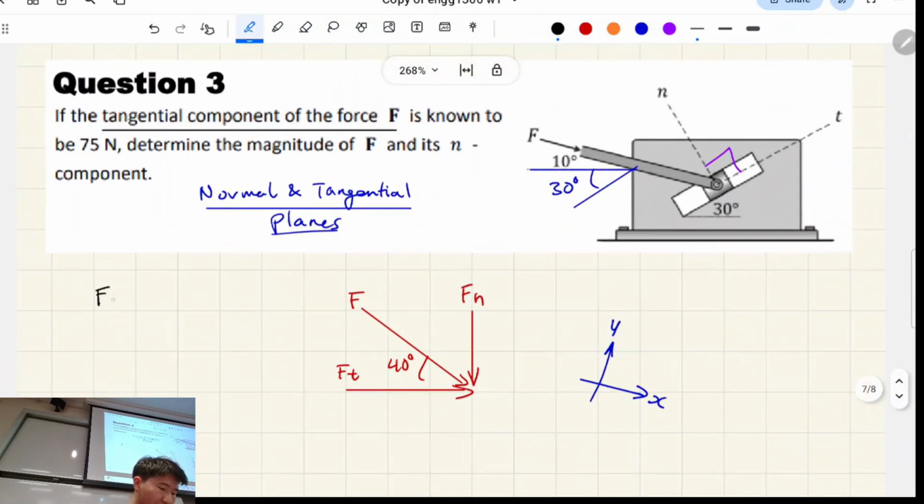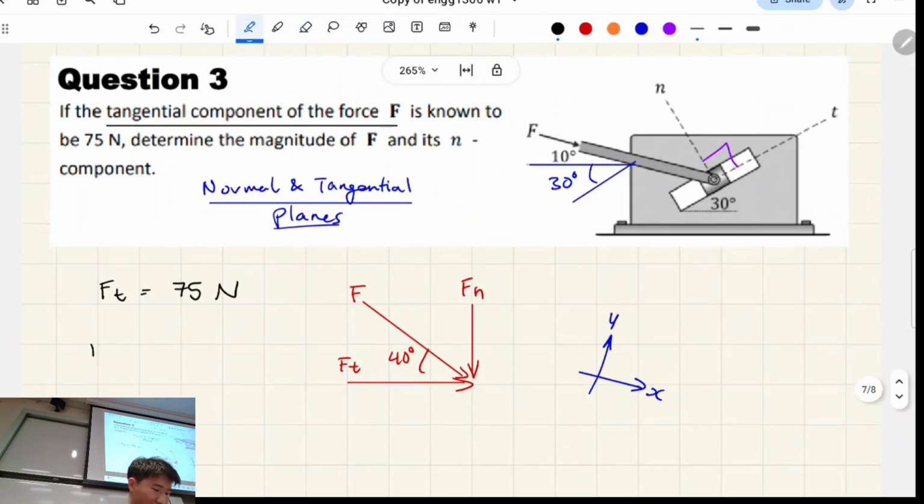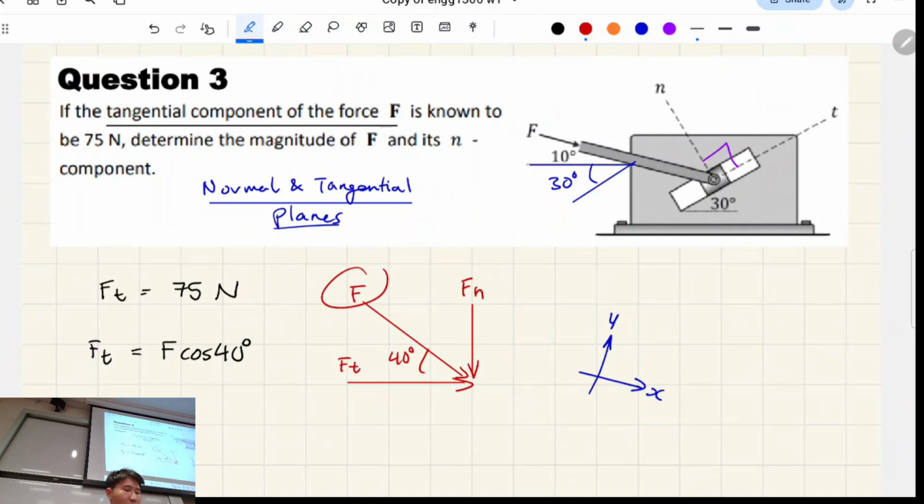So we're given that the tangential component of the force is equal to 75 newtons. And we know that this tangential component is the diagonal cosine 40, that's just the horizontal component of our diagonal.